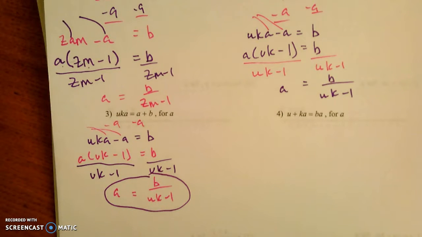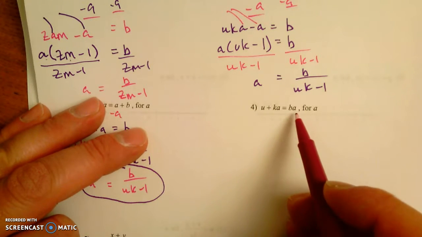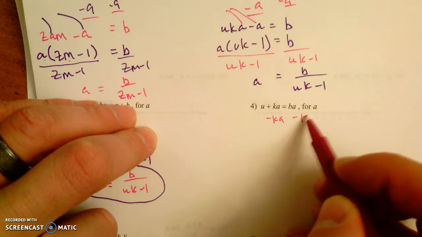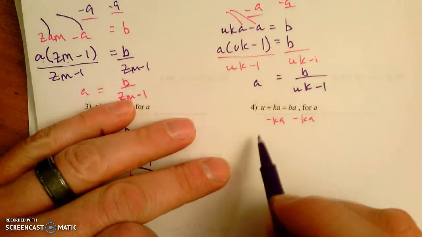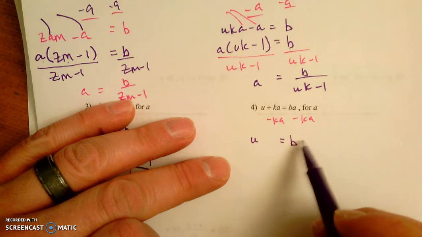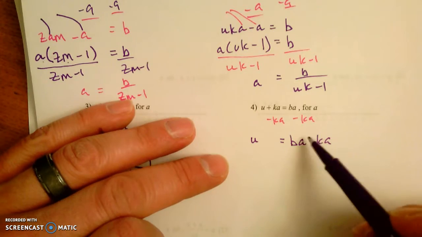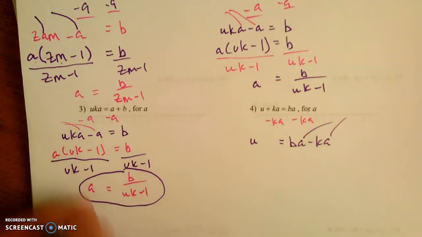Okay. Over here, we're solving for a. We've got an a here, an a here. We'll get all our a's on the same side. So let's subtract ka from both sides. And we've got u equals ba minus ka. Then we're going to do that reverse distributive property thing.